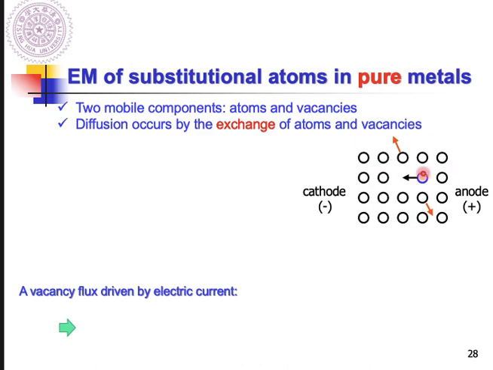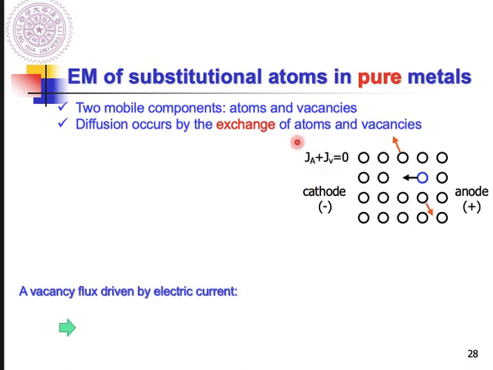Okay, so you have this idea. Then, as we know, we apply an electrical field on these materials, and we have the relationship that JA plus JV equals 0. The net flux equals 0. So when the atoms move toward the left-hand side, that also means the vacancy will move to the right-hand side. So we get JA plus JV equals 0.